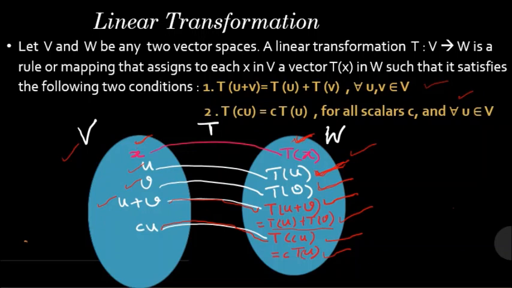So this is condition 1 and this is condition 2. If these two conditions are satisfied, then we call that mapping a linear transformation.